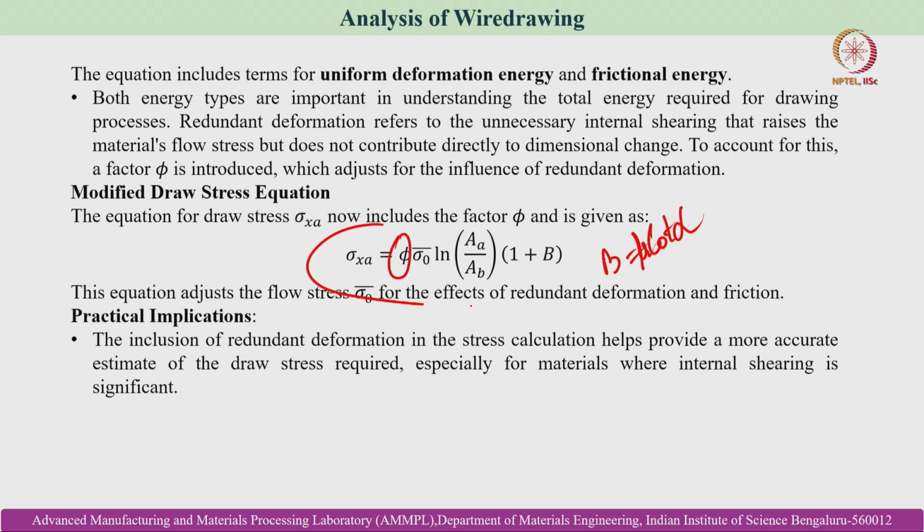So this is the final expression of the draw stress which is applicable in case of wire drawing. This equation adjusts the flow stress sigma 0 bar for the effects of redundant deformation as well as friction.